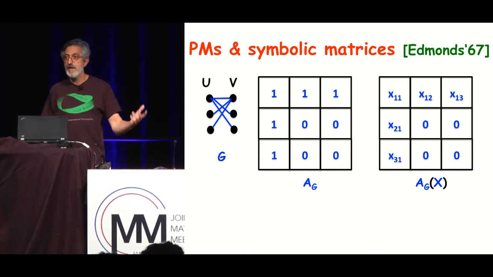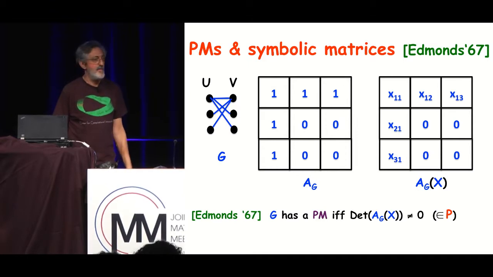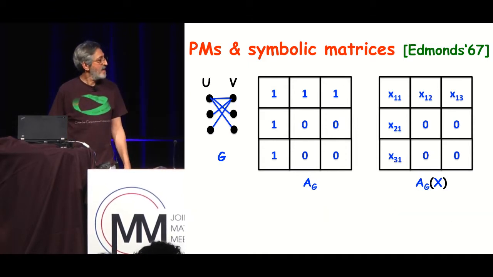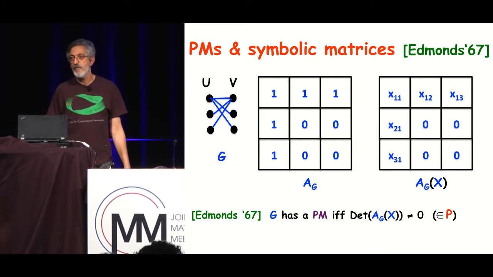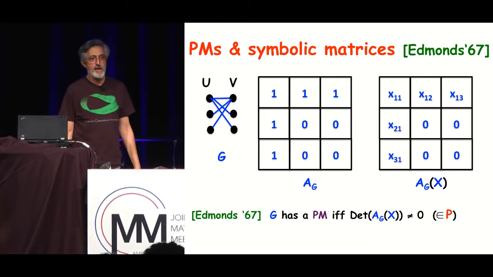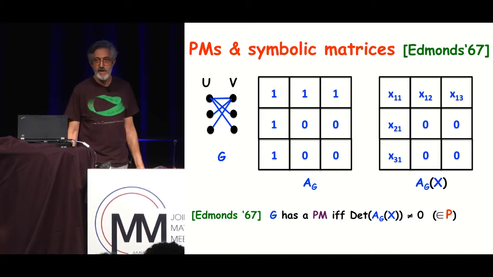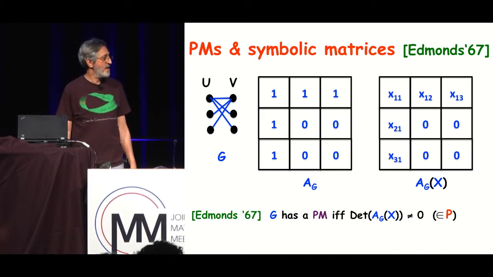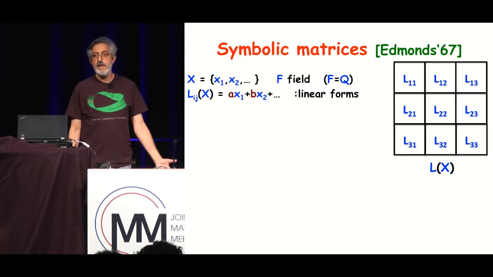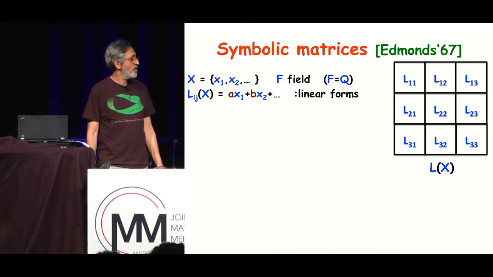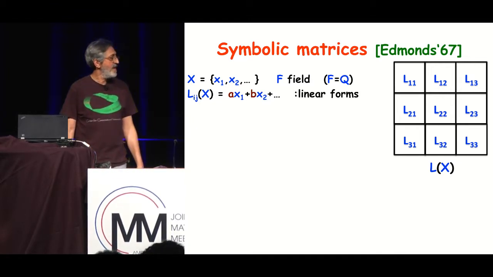If you make this symbolic matrix, then it turns out that it's in fact very simple to prove that the graph has a perfect matching if and only if the determinant, which is now a polynomial in these variables, does not vanish identically. So we have this alternative algebraic characterization of having a perfect matching using determinants of symbolic matrices.